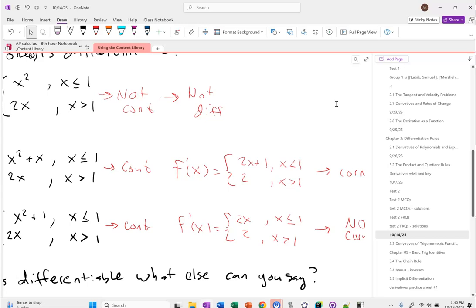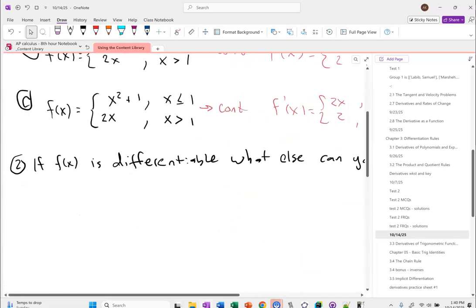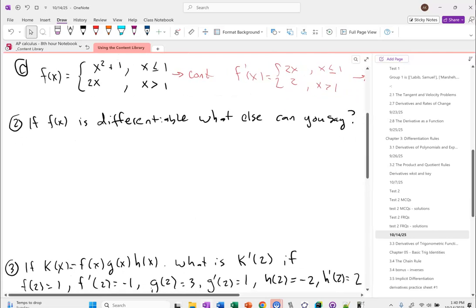Okay. So my next question is, what else does differentiability give you? If I have a function that is differentiable, what else can we say about f of x? Okay, yep, we can say that f is continuous.